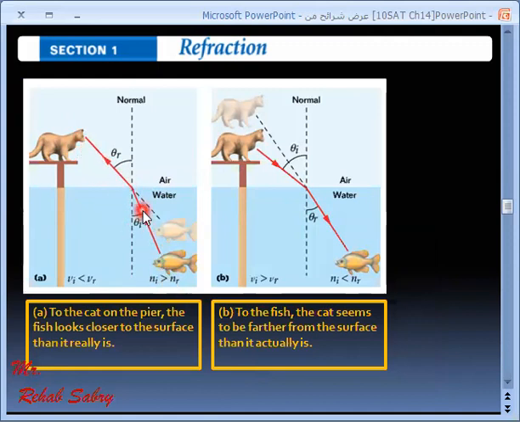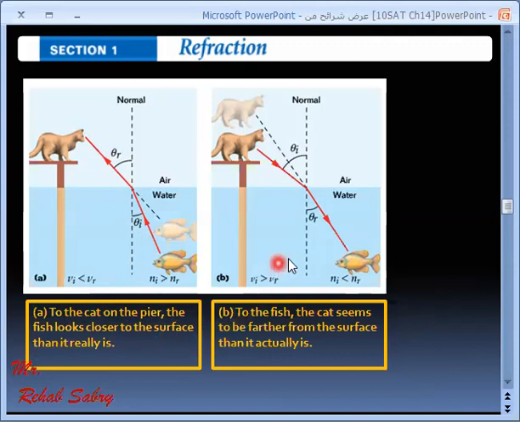The light here bends far from the normal. Why? Because it moves from slower light to faster light. So the light moves far away, so theta R is more than theta I. So to the cat on the pier, that fish looks closer to the surface than it really is.